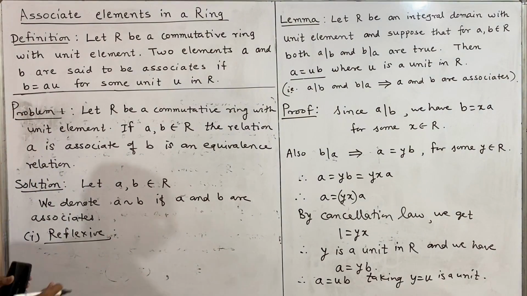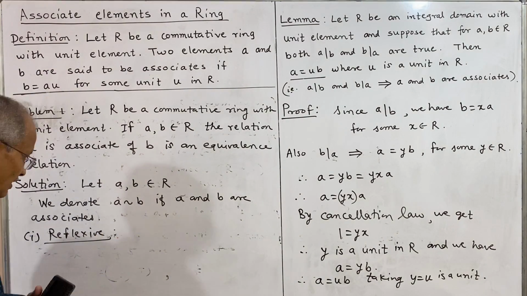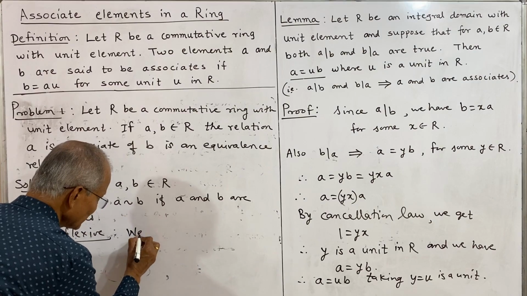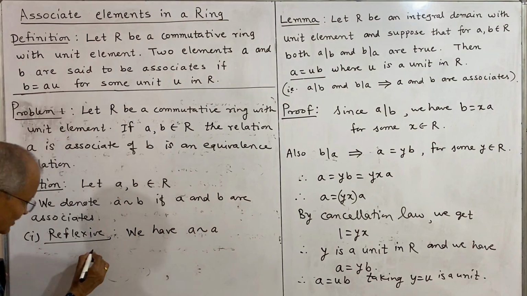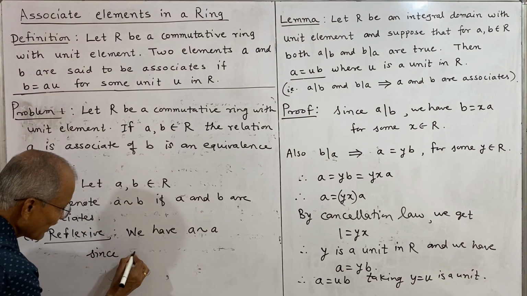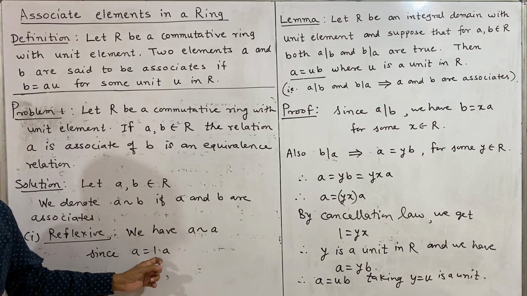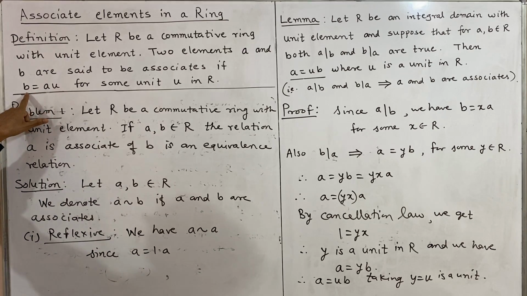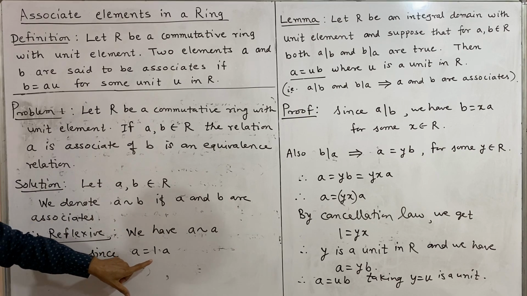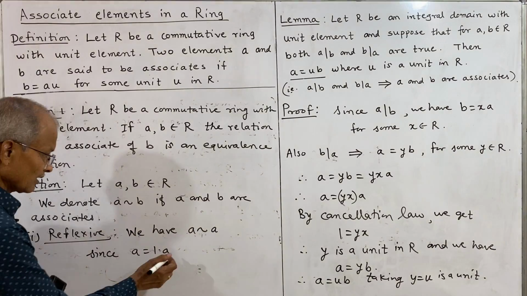We must have A associated with A, or A tilde A. Since we can write A is equal to 1 into A, where 1 is a unit. 1 is actually the identity and it is also a unit, and therefore this satisfies B is equal to A into U, that is A is equal to 1 into A, and therefore A is associate of A. That is simple.